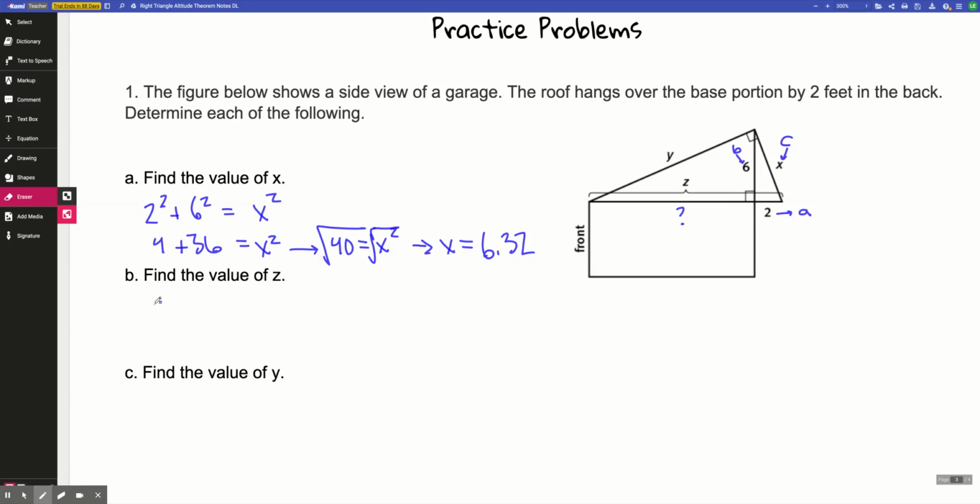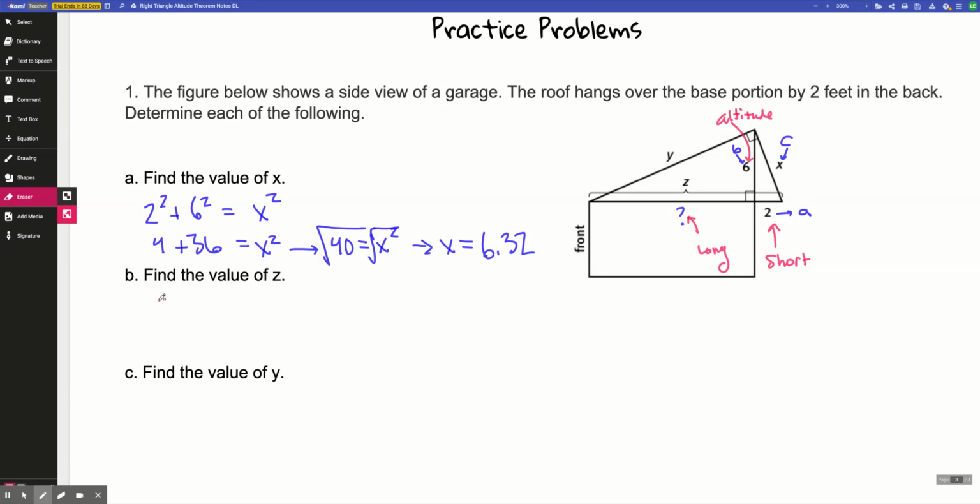So for this one, I'm going to use the short over altitude equals altitude over long, where this 2 is my short part of the hypotenuse, 6 is the altitude, and then the long part of the hypotenuse is this question mark, right? So I'm going to figure out what that is first, and then whatever that is, I'm going to add 2 to it so that way I can get the length of Z, which is this whole thing.